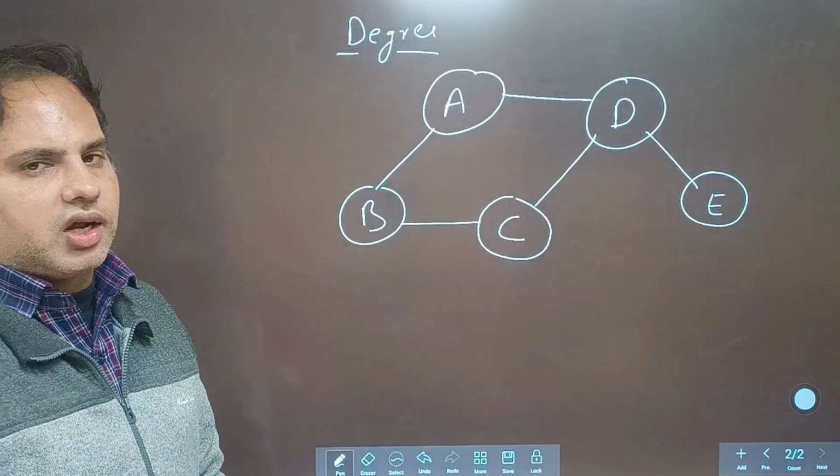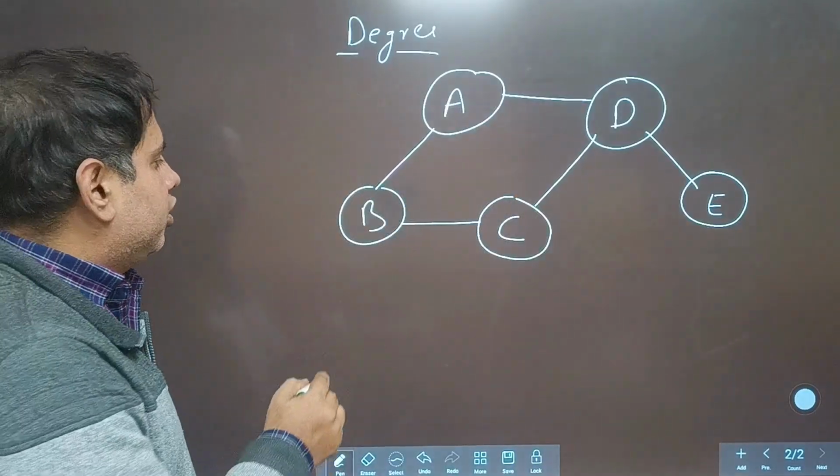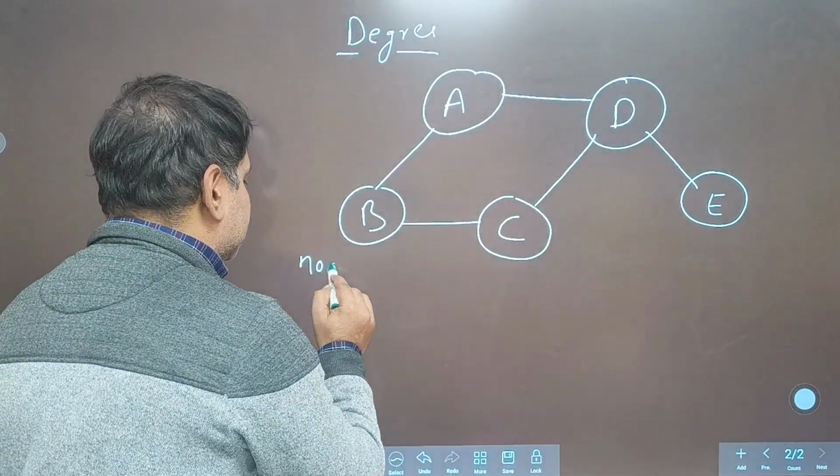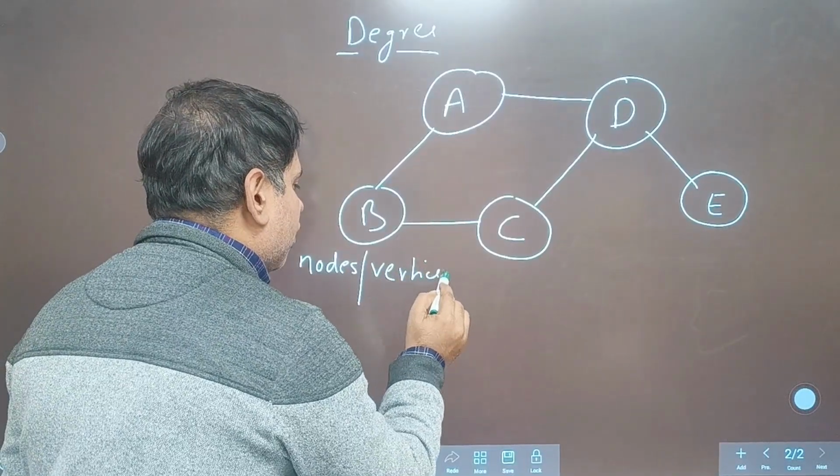If you remember, I told you earlier that these A, B, C, D, E circles are the nodes, also called vertices or vertex.